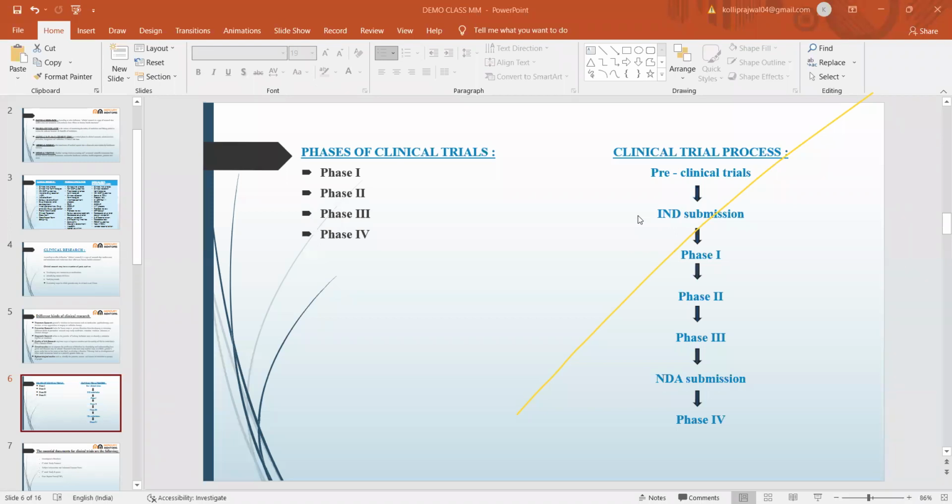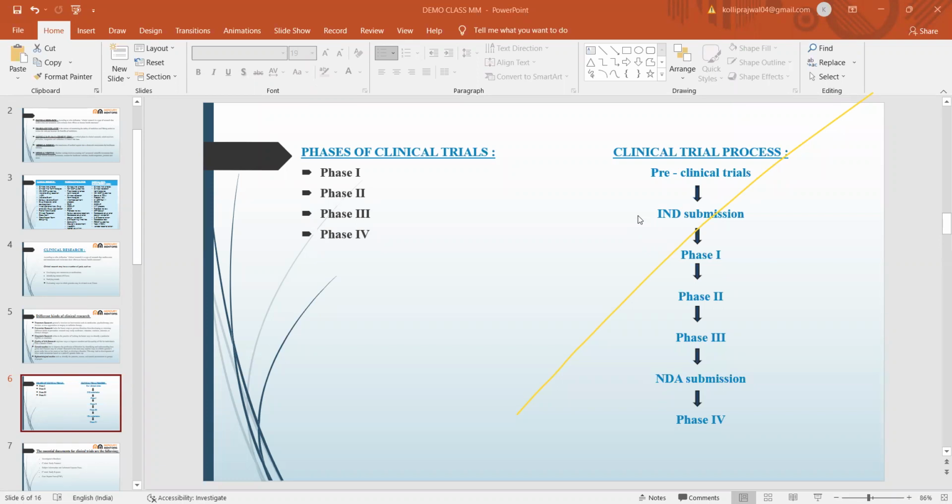Okay, Mohan, continue. Jyoti, you were saying, okay, right. Pharmacokinetics means the study of how our body is going to act on the drug: how it is going to absorb the drug, how it is going to distribute, how it is going to metabolize the drug, and lastly how it is going to excrete the drug.